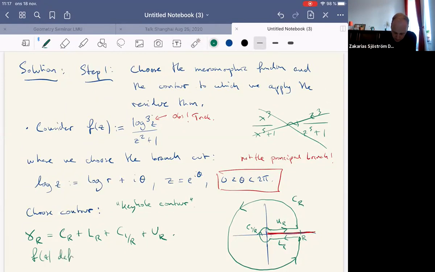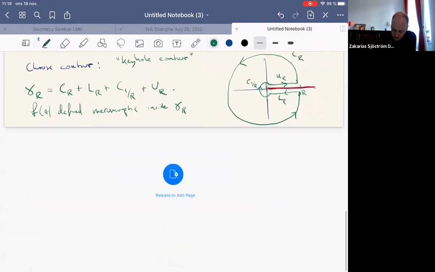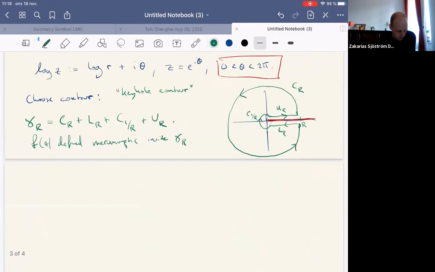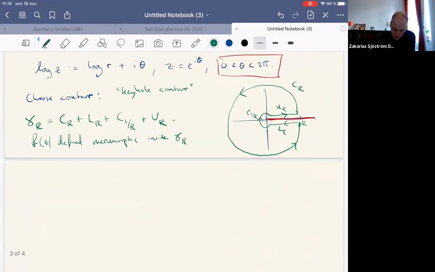It's defined and meromorphic inside this gamma of R, because the inside, of course, is now away from the branch cut. Okay, and so let's see. Should I explain already now why we have this?